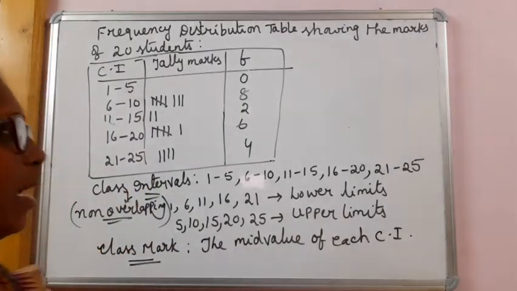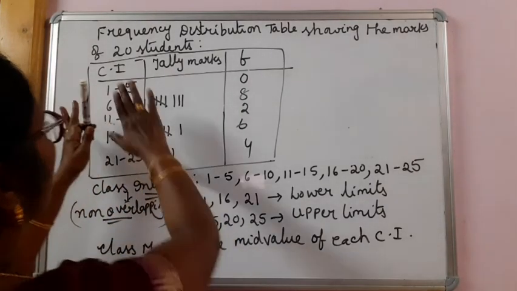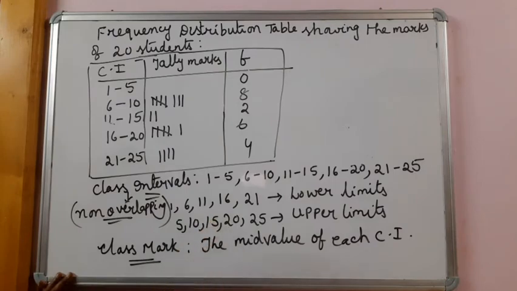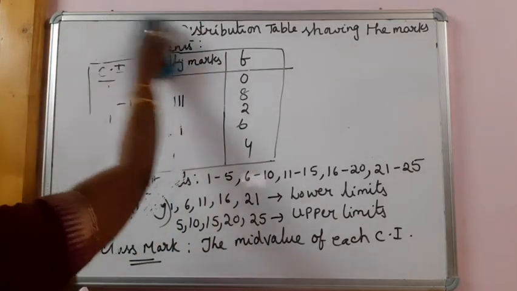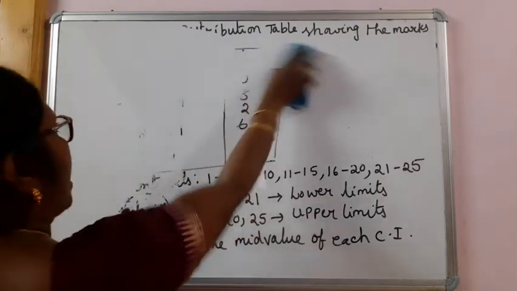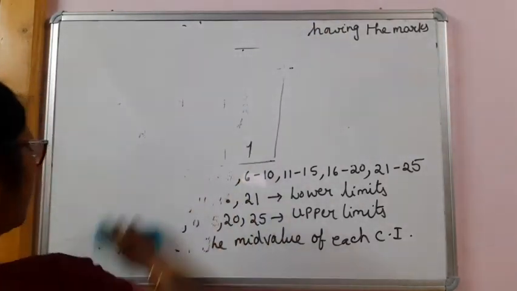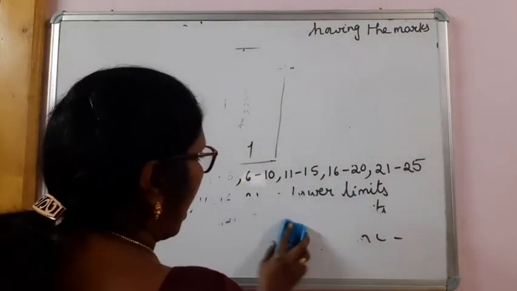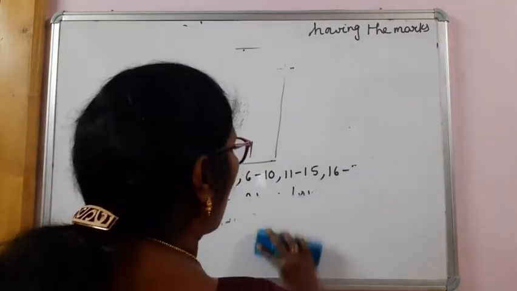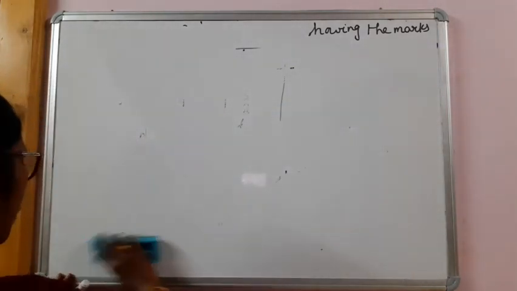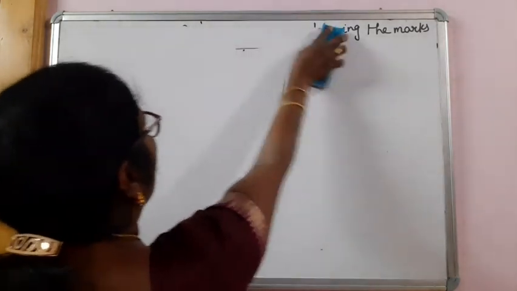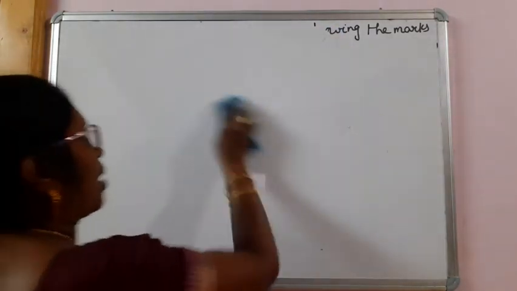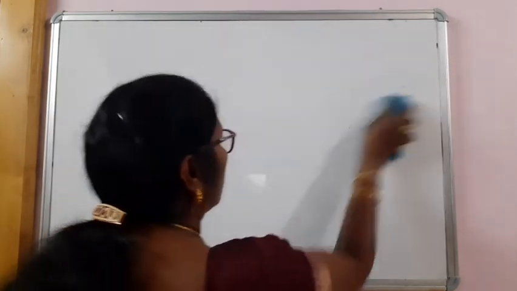So I have explained non-overlapping class intervals. Now let me explain what are overlapping class intervals and how to show them. And if non-overlapping class intervals are given to you and you have to convert them to overlapping class intervals, how to convert, I am also going to explain.